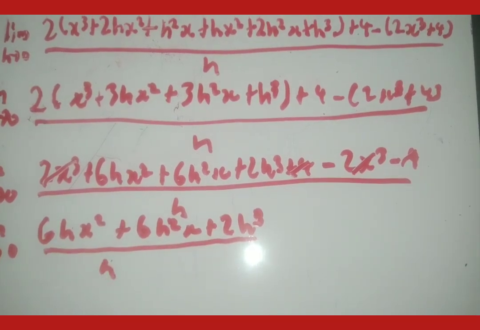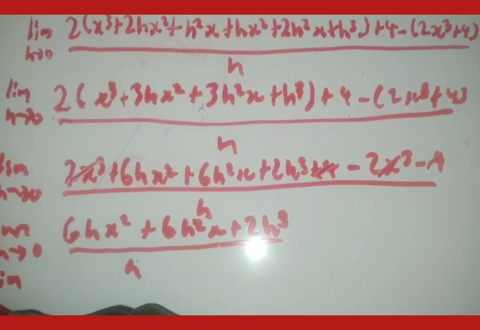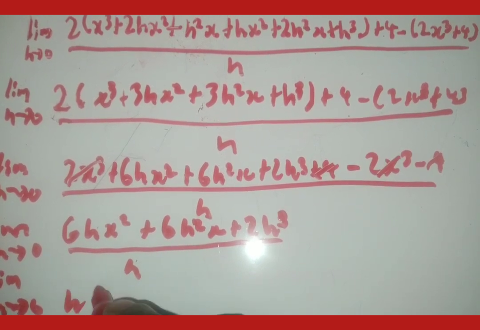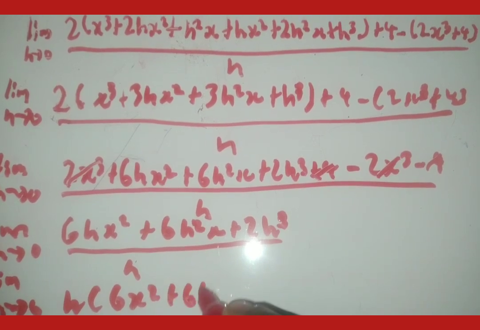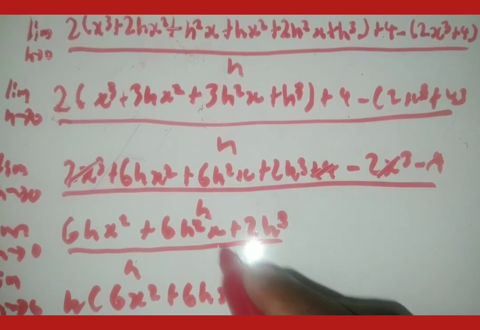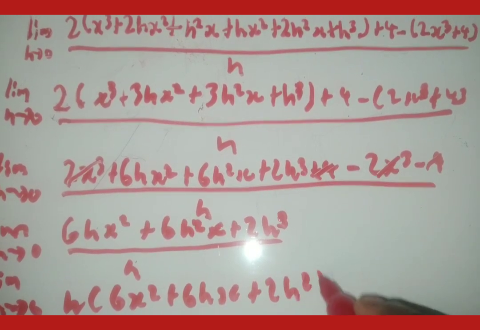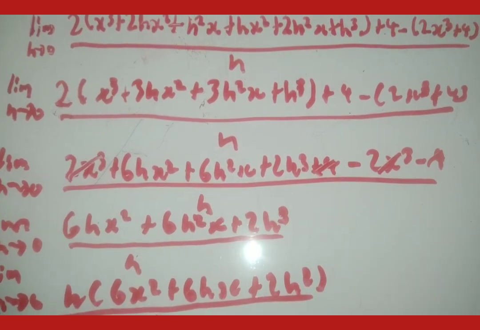So in order to cancel, we have to factorize. So then we're going to factorize. So we'll still say limit as h tends towards 0. Then let's factorize h. So if you factorize h, this is going to become 6x squared plus 6hx plus 2h squared all over h.